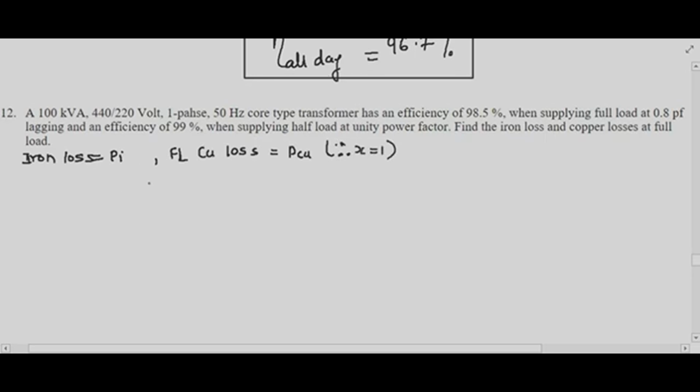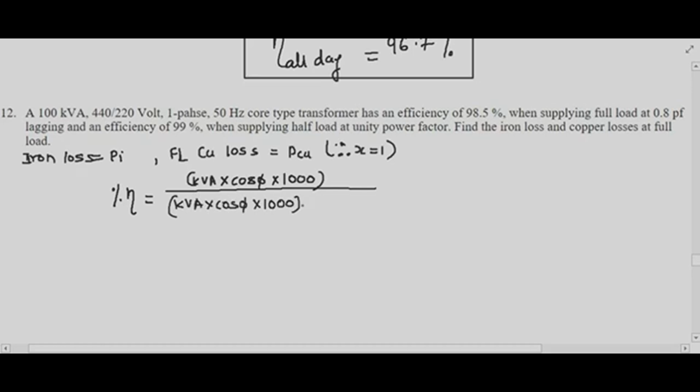Okay, so what is the efficiency formula? Percentage efficiency equals kVA into cos phi into 1000, this is the output, right? Divided by output, again kVA into cos phi into 1000, plus Pi plus X square PCU full load.